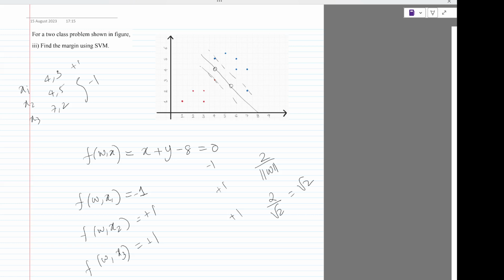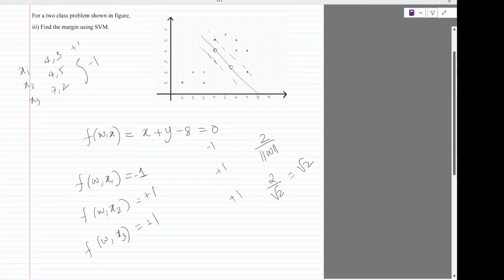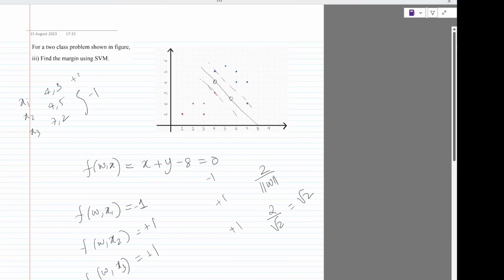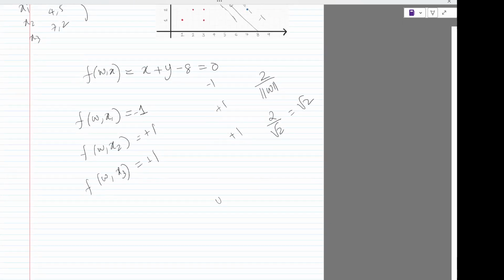So what we were saying was, for the points which are on the margin, for one class it should be plus 1 and for the other class it should be minus 1. So we have the constraint, right? yi times w transpose xi plus b, minus 1, should be greater than or equal to 0.